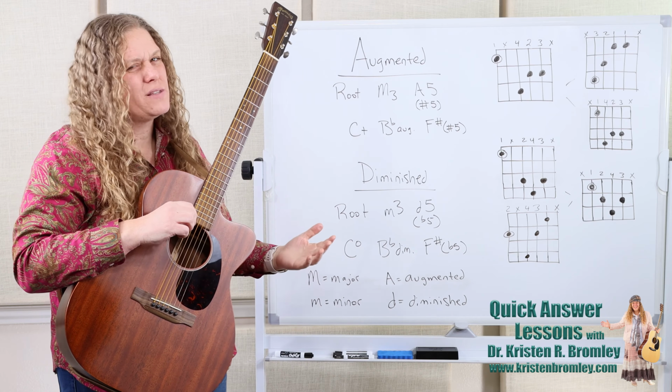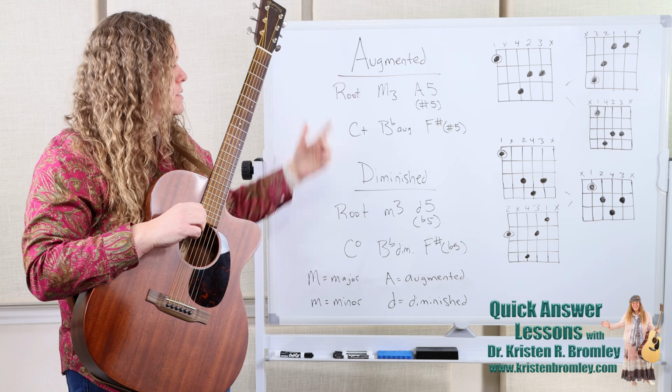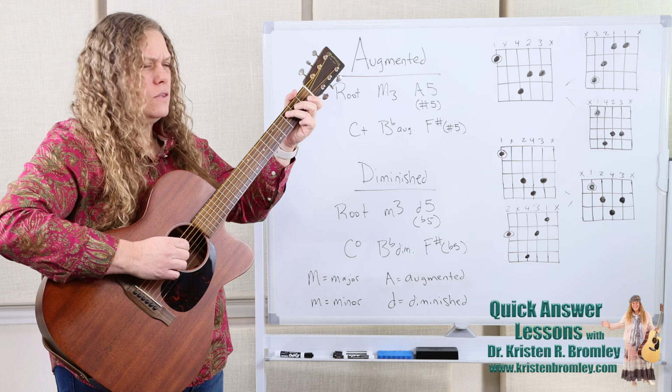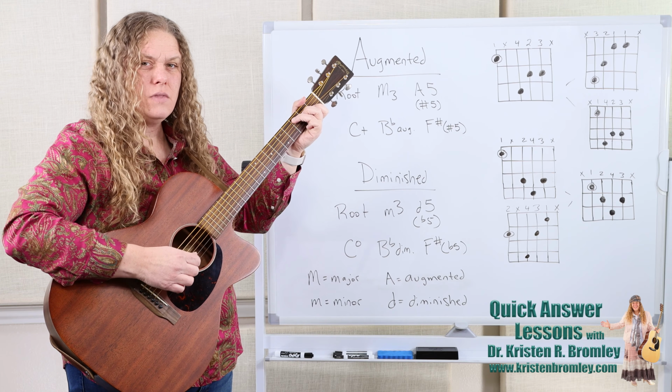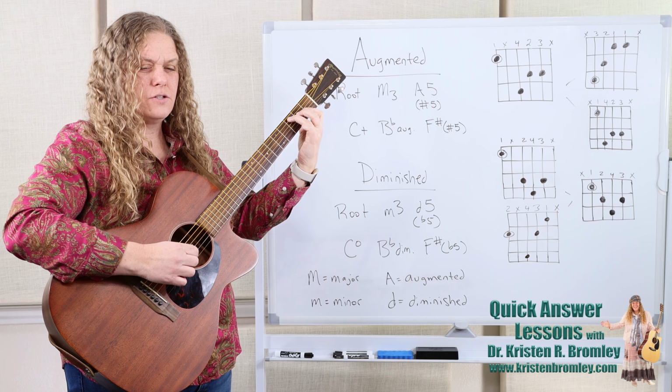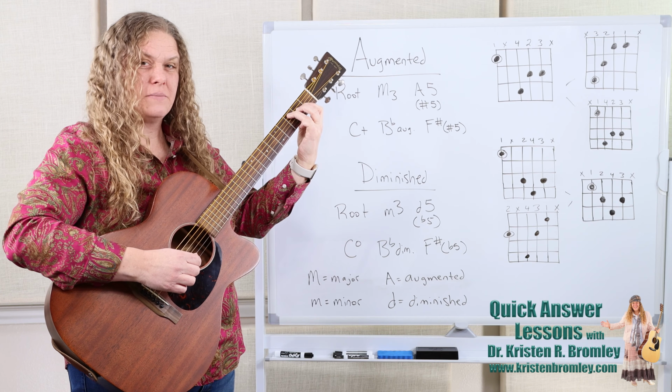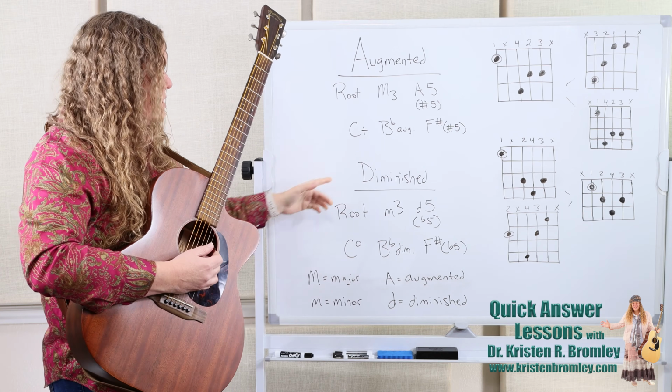Those are some examples of chord symbols we run into with augmented. So again, the root, the third, and the sharp 5, and you can double the root on top, creates an augmented sound.